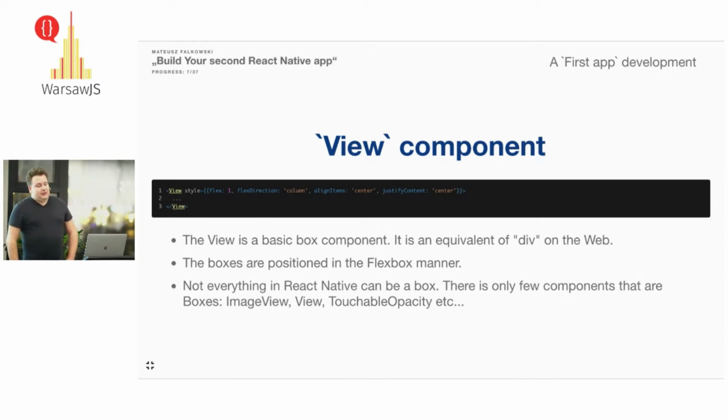And an important thing is that not everything in React Native can be a box. On the web, you can basically transform any element into a box. Here it's not possible. The components of React Native are grouped into classes, and only some of them have this ability to be a box, for example Image View, Touchable Opacity, and so on.